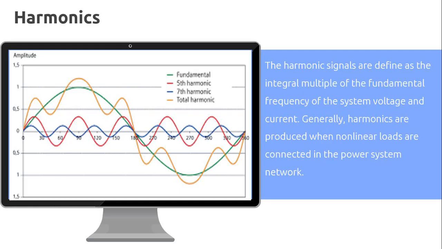Harmonics. Harmonic signals are defined as integral multiples of the fundamental frequency of the system voltage and current. Generally, harmonics are produced when nonlinear loads are connected in the power system.